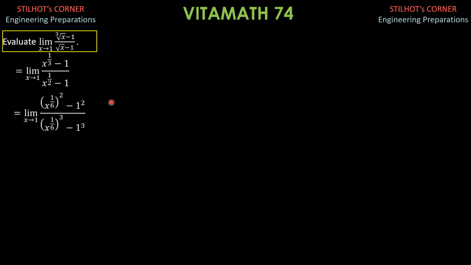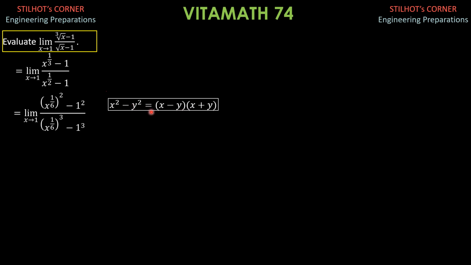Then we have the guide from factoring techniques. We have the difference of two squares: x squared minus y squared is x minus y times x plus y.